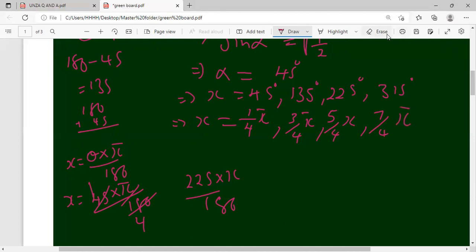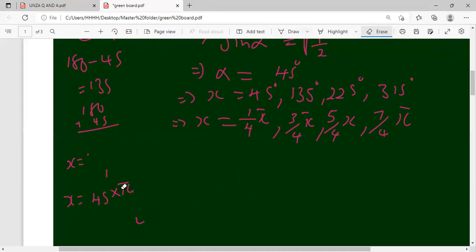But remember, we also have another set. So allow me to erase. We said x was equal to 0 or pi.